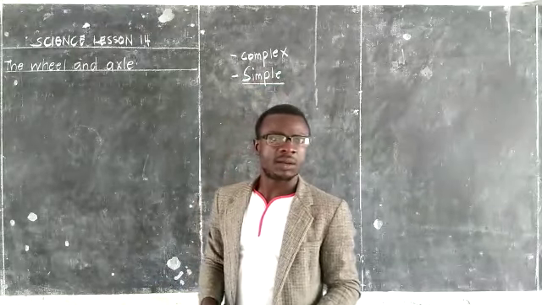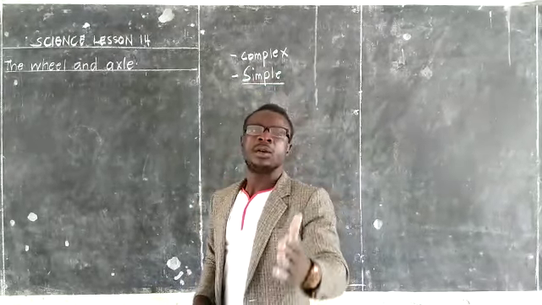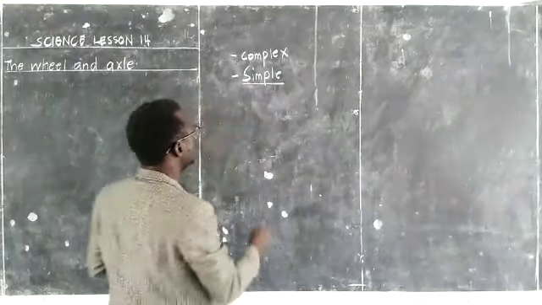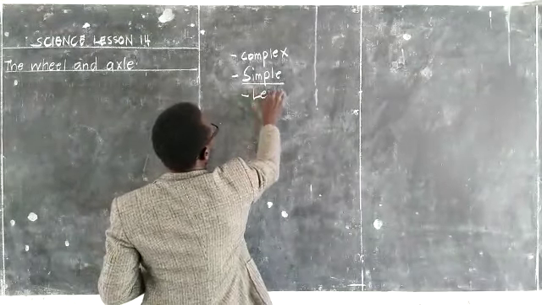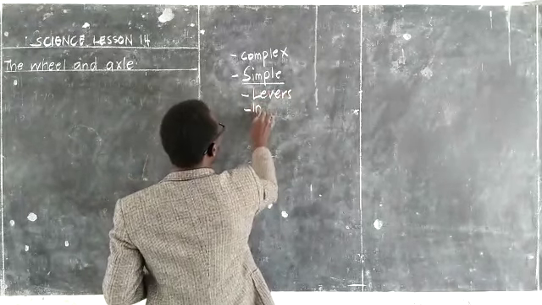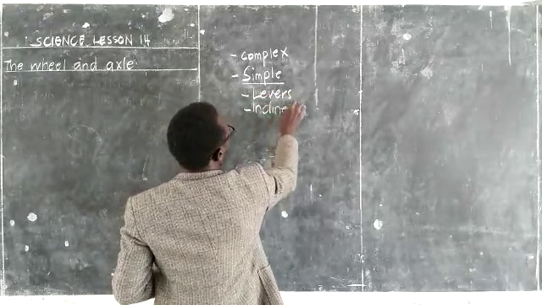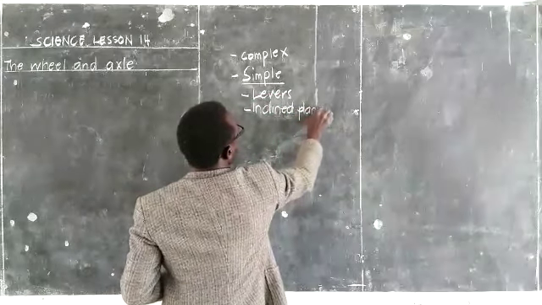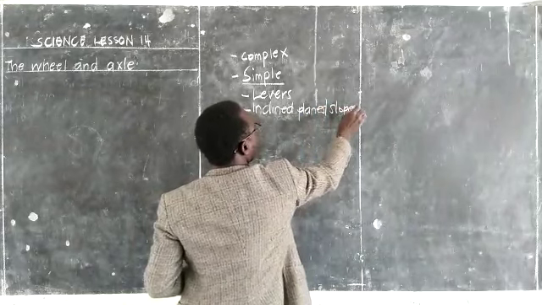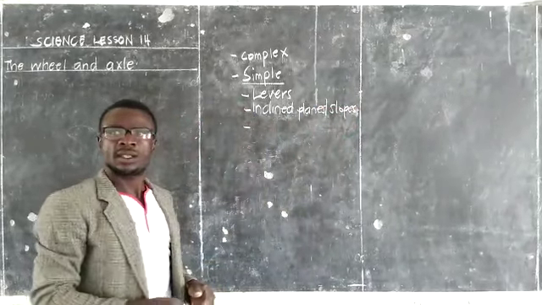We described simple machines and said there are 6 different types of simple machines, where we looked at levers and inclined planes. Inclined planes are also referred to as slopes.